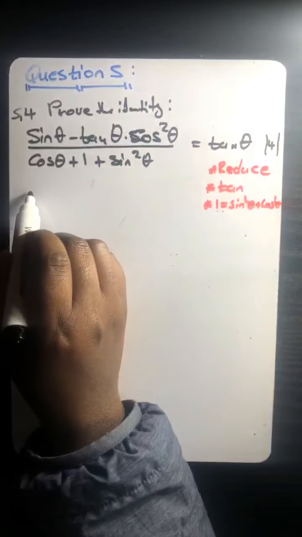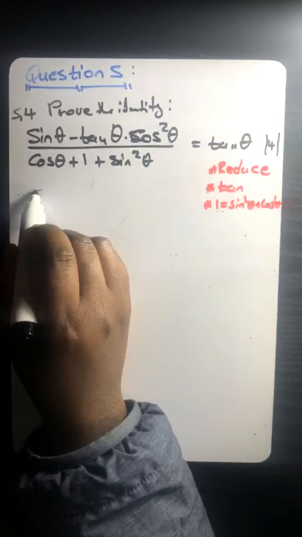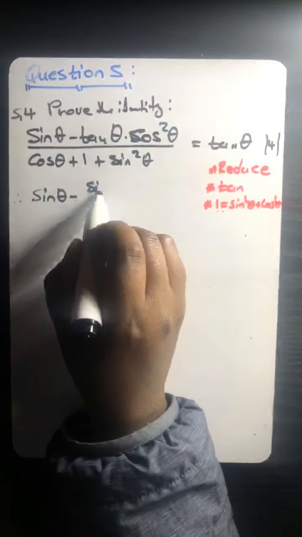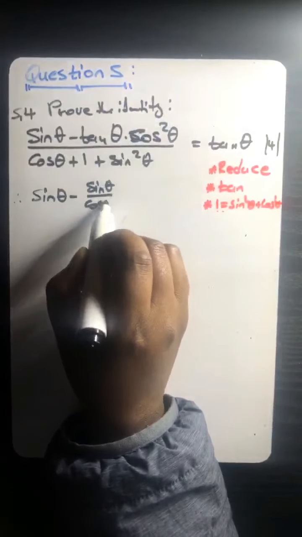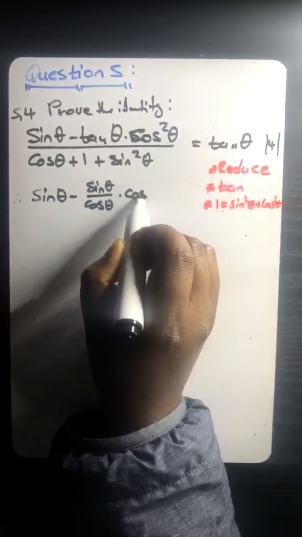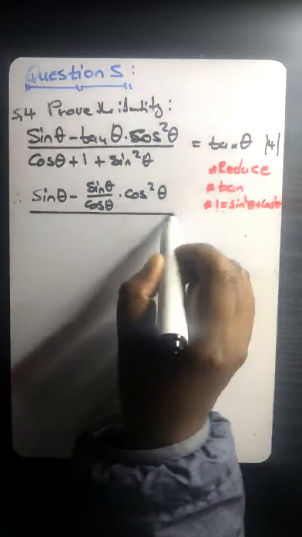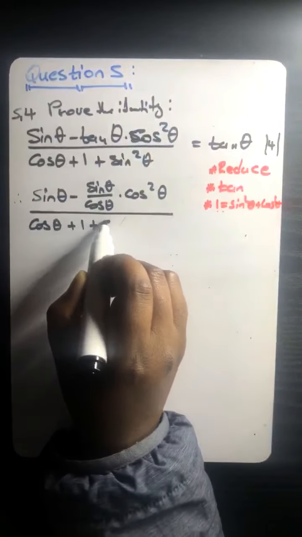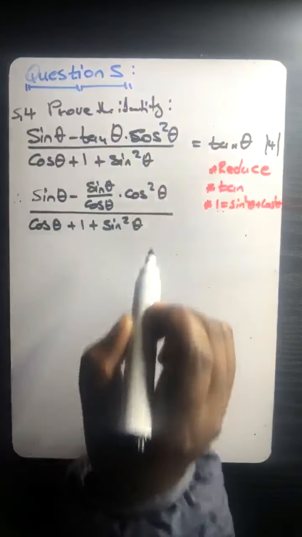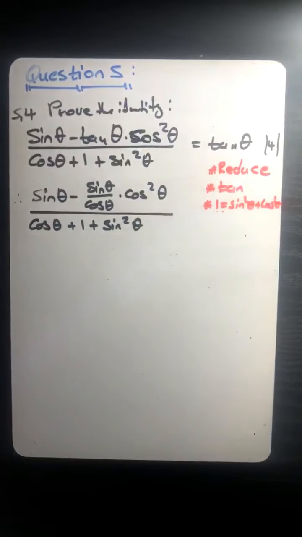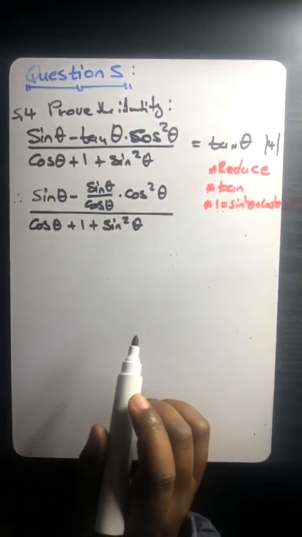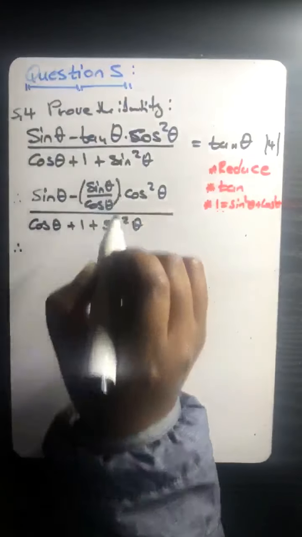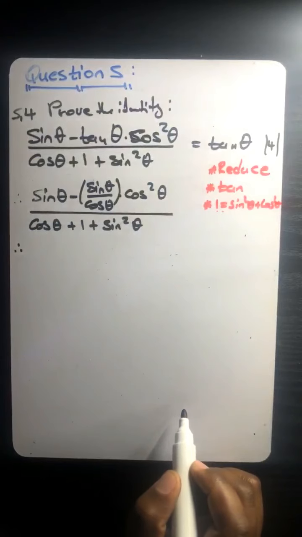So that means we have a sine angle minus, what is tan? We know tan is sine angle over cos angle. This is multiplying cos angle squared, and the whole of this is divided by cos angle plus 1 plus sine squared angle. This step, I hope it makes sense to everyone, because all I did was try to write that as a ratio.